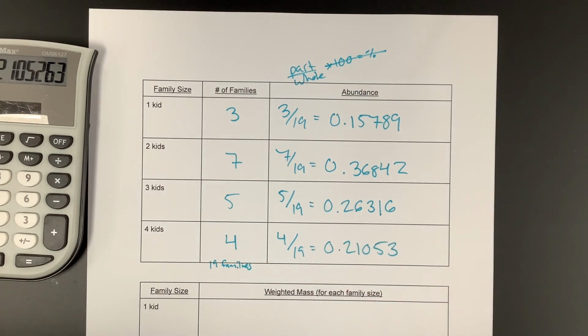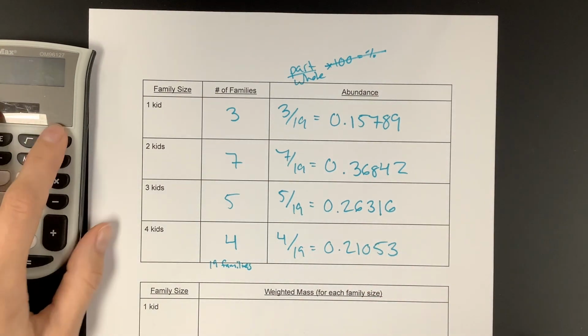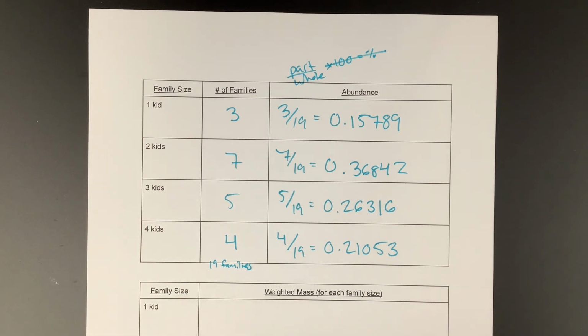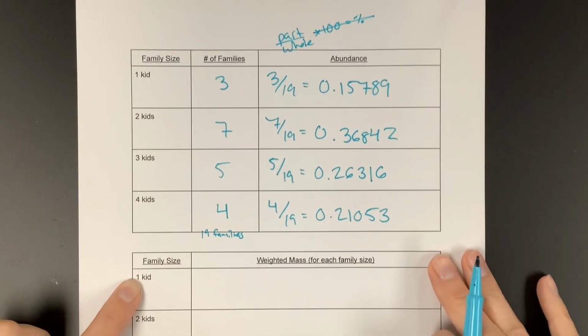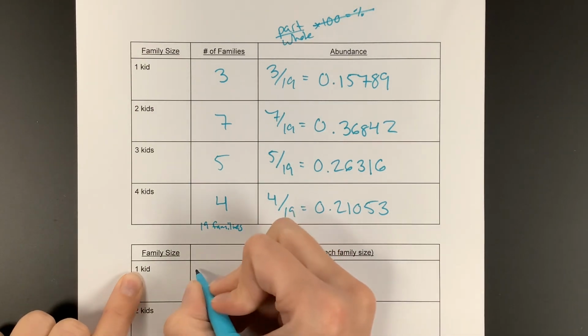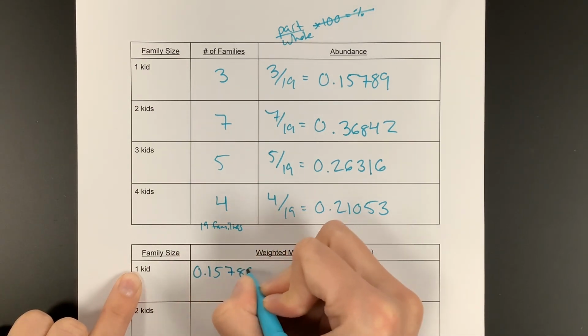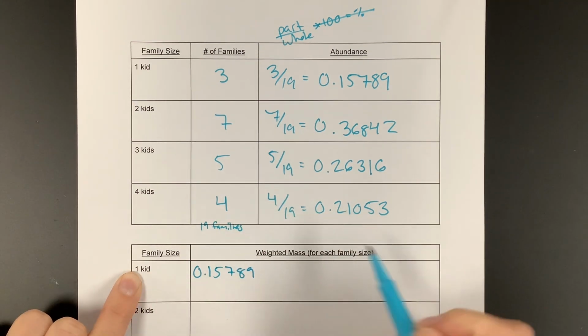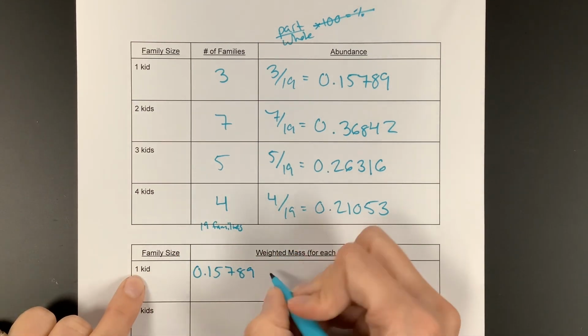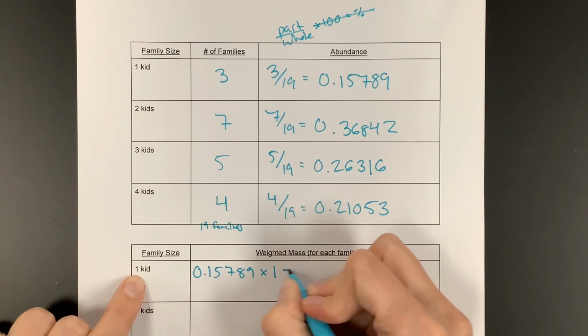What we can do now with those portions is take each one and multiply it by the number of kids in that portion. If 0.15789 of our 19 families have 1 kid, we're going to multiply by the 1 kid they have.